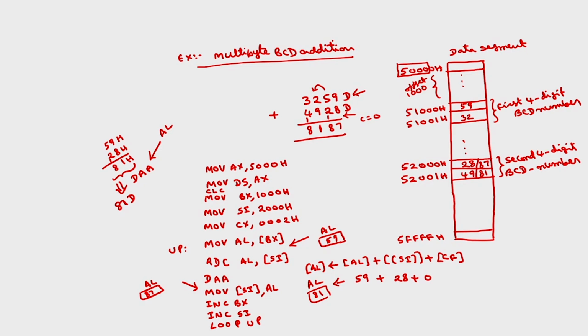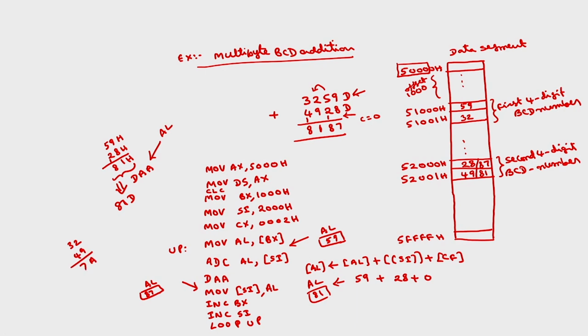So that after this INC BX, now AL is loaded with 32 and the contents of SI becomes 49. So these two will be added, and the result is stored in AL. If I add this 81H, this 32 plus 49, this will be A7.